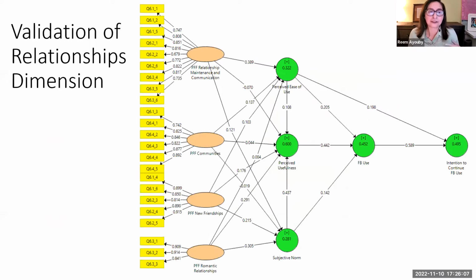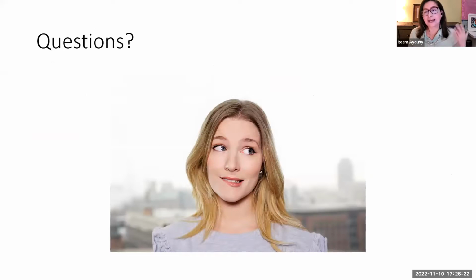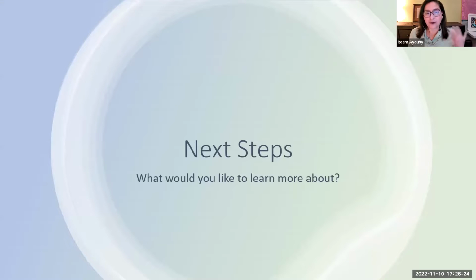There are other tools also. This is one of the models that I did to get to that final model. And then how to create a measure or a metric, and we can go over questions.